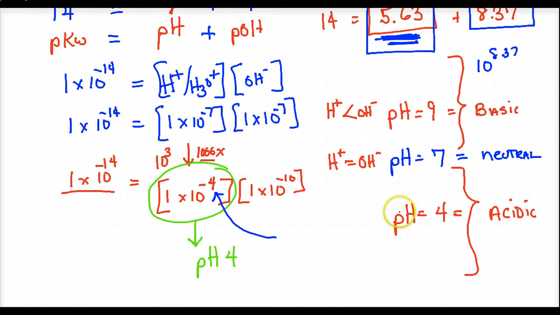So it makes sense. As pH drops, the number gets smaller. I would say that the exponent gets smaller. The negative in front makes this a bigger number. So as this exponent gets smaller, it really means you have more what? H pluses are greater than hydroxides. And that's how pH is explained.